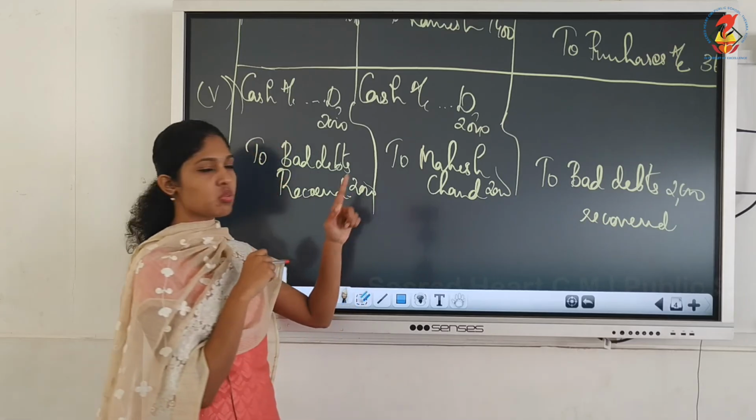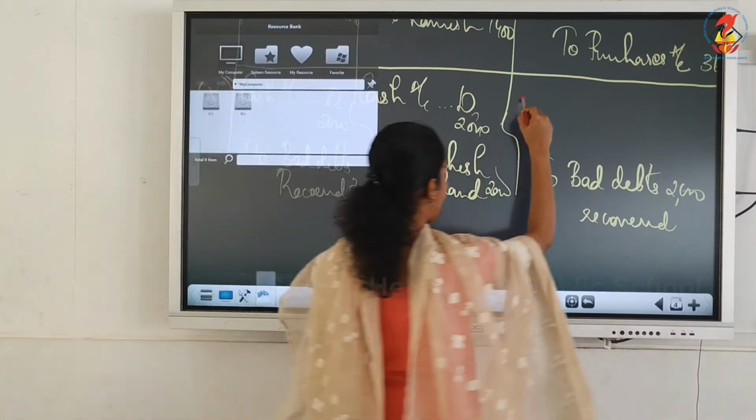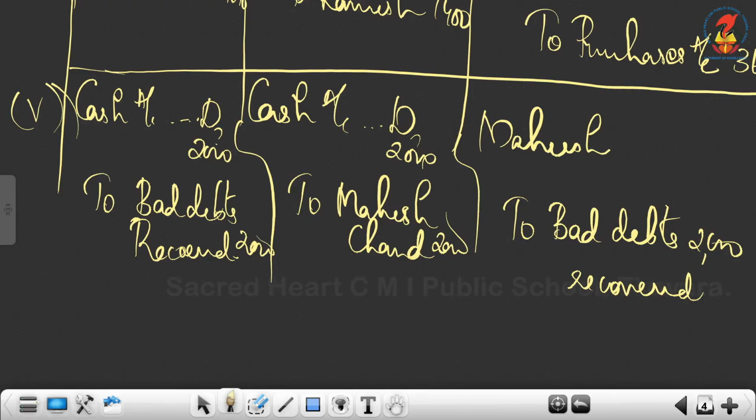Then Mahesh Chand was wrongly credited, which we will cancel. So debit Mahesh Chand. So Mahesh Chand we have to debit now with the same amount, 2000. So Mahesh Chand debtor to bad debts recovered is the journal entry.